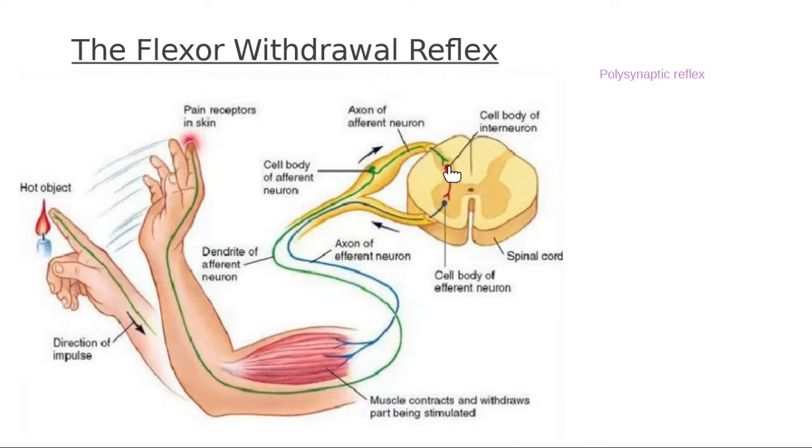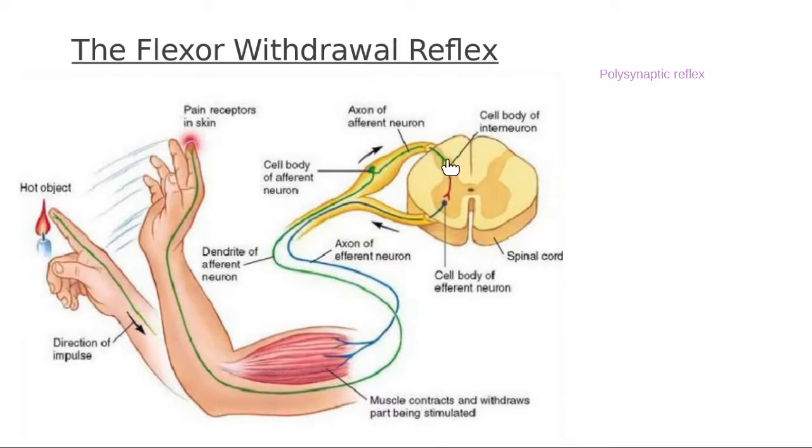One synapse right here, synapse number 1. The interneuron goes to the ventral neuron, synapse number 2, where my interneuron is talking to my motor neuron that leaves the spinal cord and goes out down to the muscles, causing your finger, or your whole arm actually, to pull away so that we don't keep burning it.